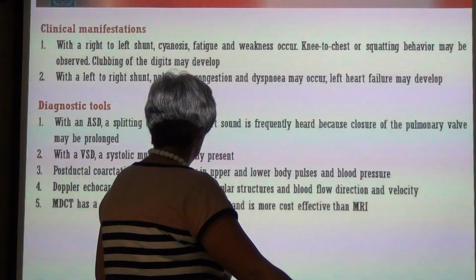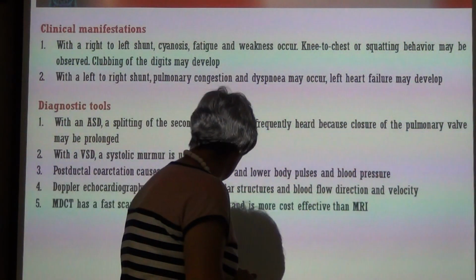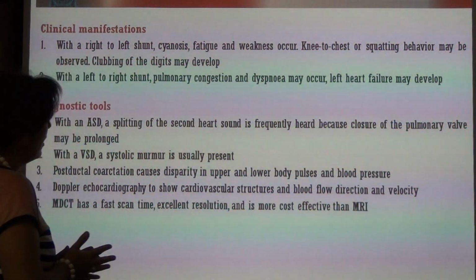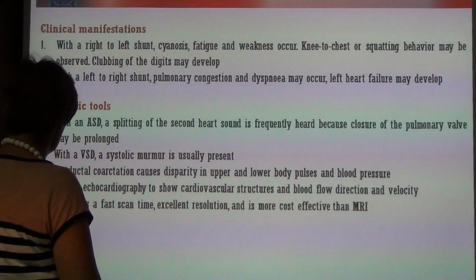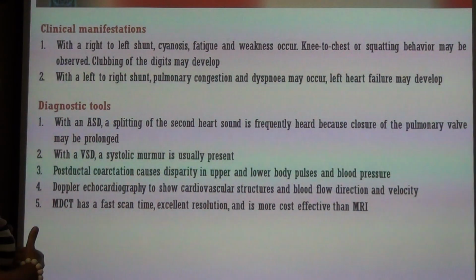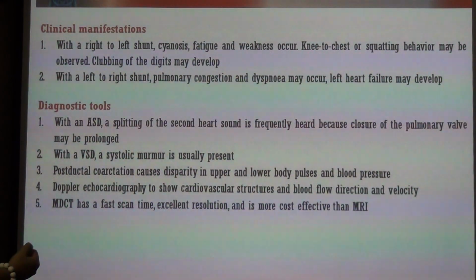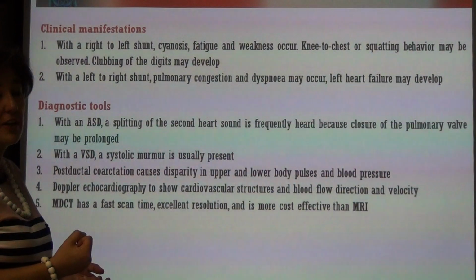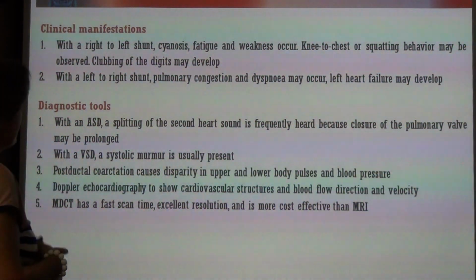Okay. Now, if we look at the clinical manifestations of these congenital heart defects, obviously it depends on what type of defect you are dealing with. So first of all, if we look at the right to left shunt, cyanosis, fatigue and weakness can occur. Remember I told you, with the right to left shunt, the amount of blood that enters the systemic circulation can be compromised, and that's why we feel fatigued.